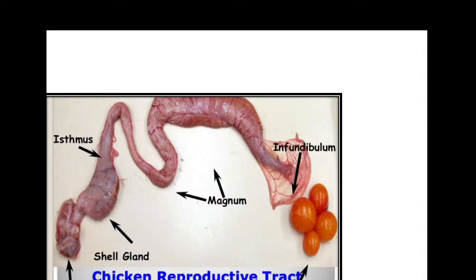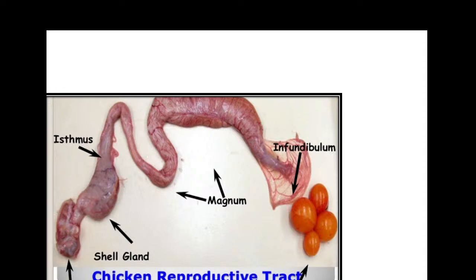After that the egg will be moved through the isthmus region. The isthmus region is slightly smaller in diameter. This is the isthmus region. After it is slightly contracted, the ovum reaches the uterus, where the deposition of shell takes place, and the egg is passed out of the body of the bird through the cloacal region.